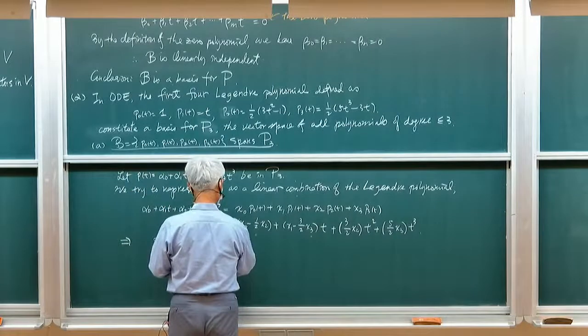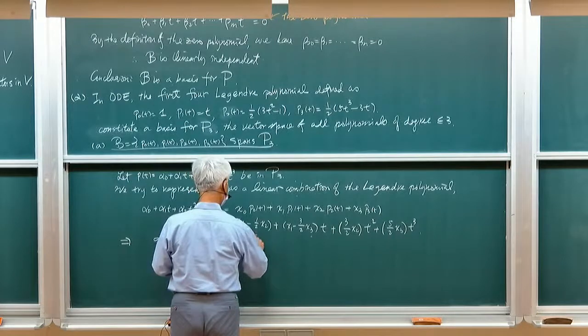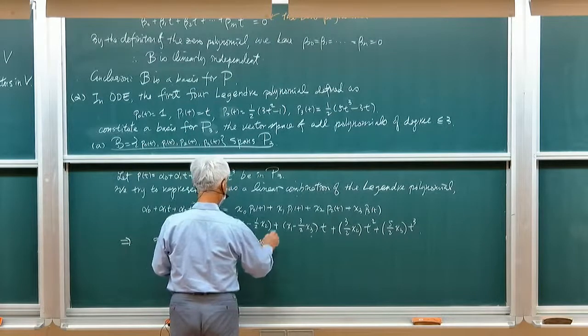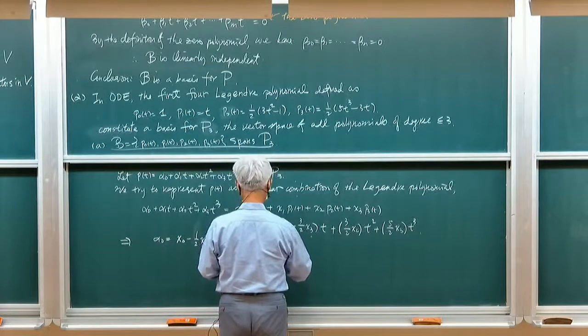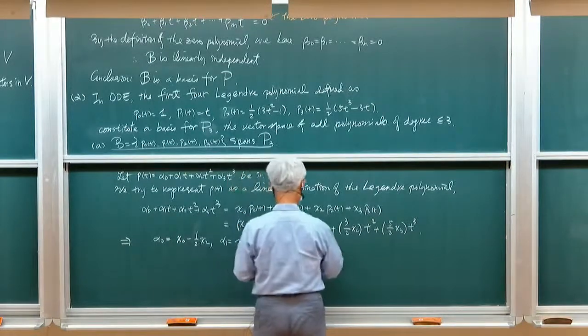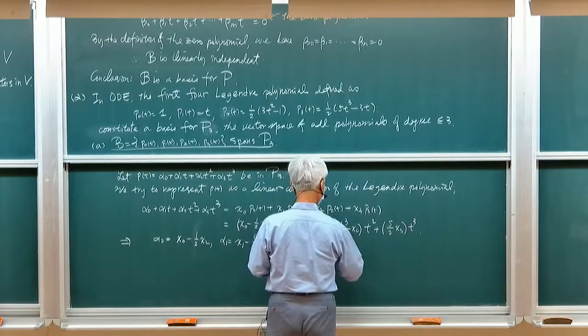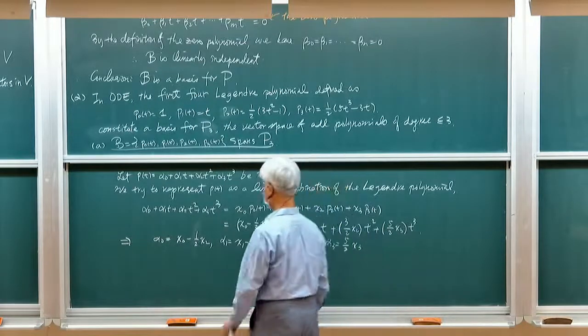We have alpha 1 equal to x1 minus 3/4 of x3, and alpha 2 equal to 3/2 of x2, and alpha 3 equal to 5/2 of x3. Okay.